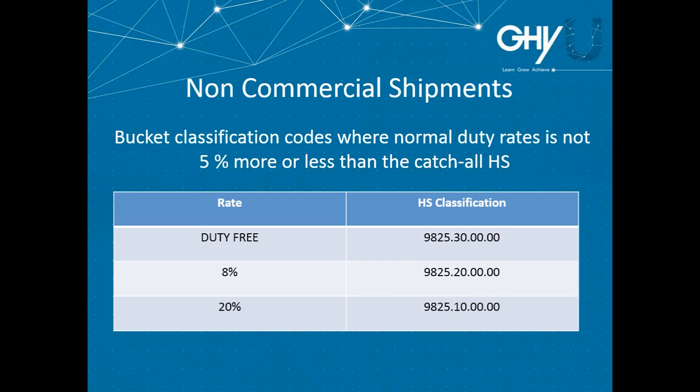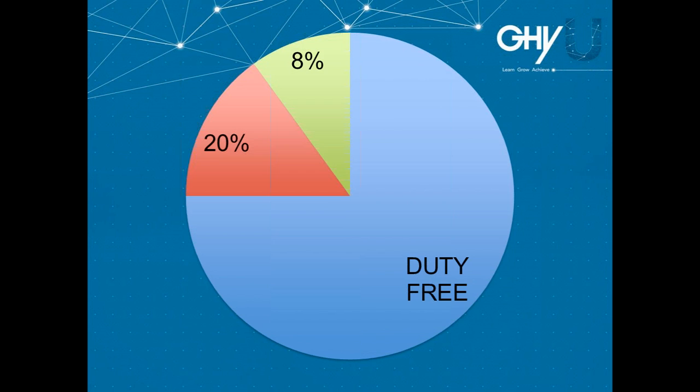Years ago, the Post Office Division used to have an E14, a form that they would complete on your behalf, and the E14A would be commercial goods and the E14B would be non-commercial goods. But now what Customs does is they put them under 9825 if your goods are under that category.